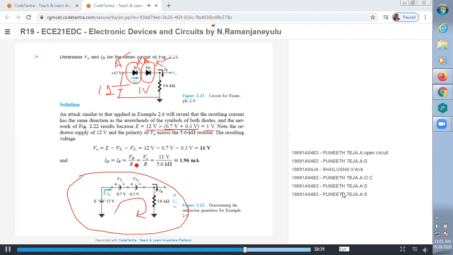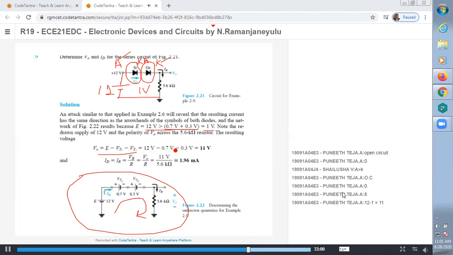Then that is equal to VR by R. Now what is VR here? VR is nothing but the V0. Then how to calculate V0 here? V0 is equal to 12 minus the drops. This is the KVL expression: V0 is equal to E minus VT1 minus VT2.